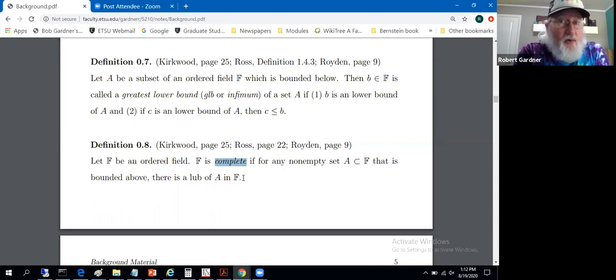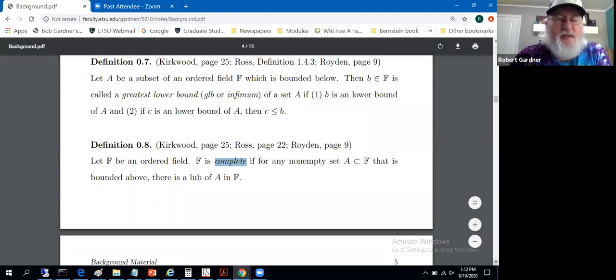Every set that has a lower bound has a greatest lower bound. That's usually one of the first things you prove after a statement that the real numbers are complete. Not only do sets with upper bounds have least upper bounds, one can prove sets with lower bounds have greatest lower bounds. It follows easily from the axiom of completeness for the real numbers.